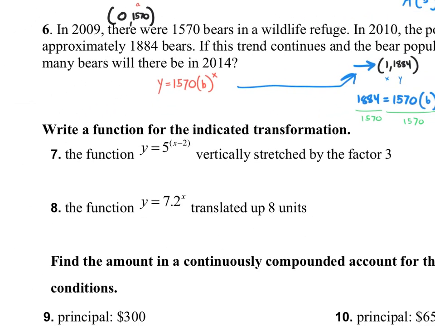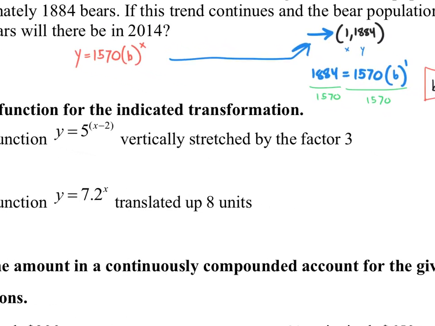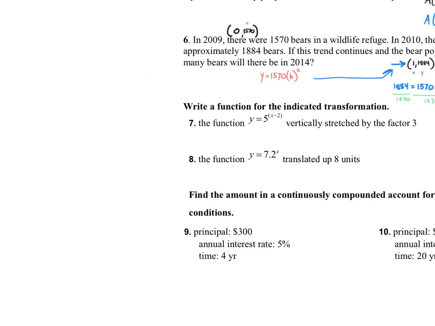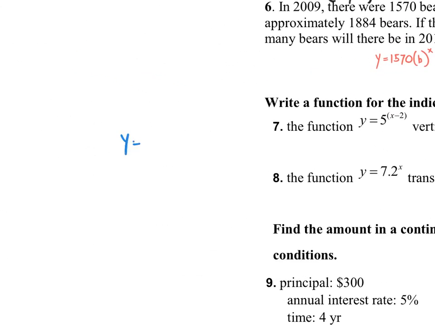So this section here is talking to us about shifts. It says write a function for the indicated transformation. They gave us a function. They want it vertically stretched by a factor of 3. So I'm going to write out over here the way different things happened. Those were all the possible shifts.